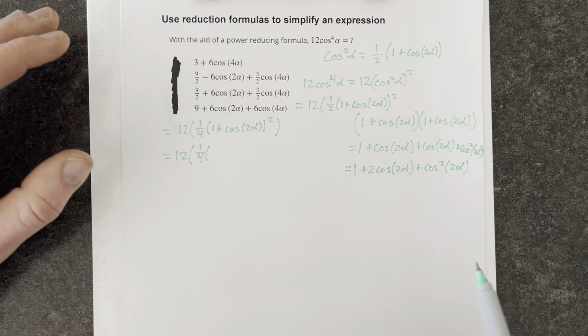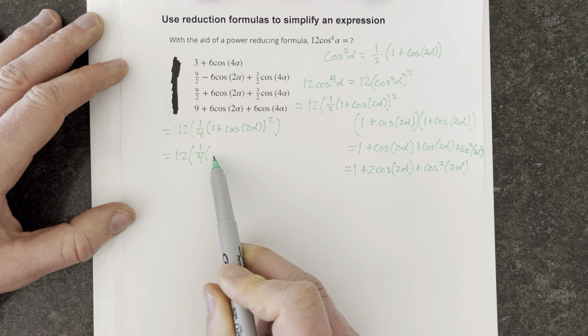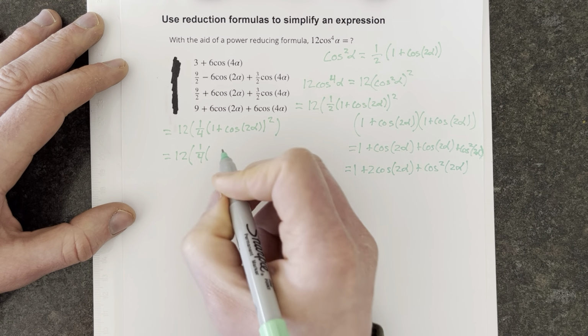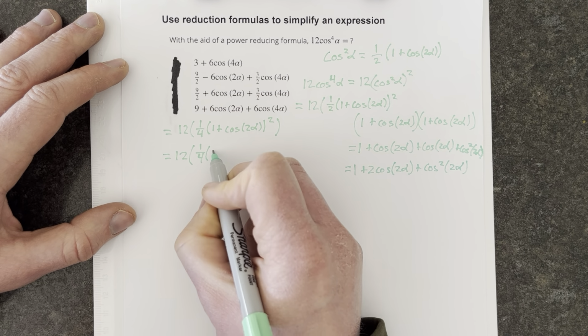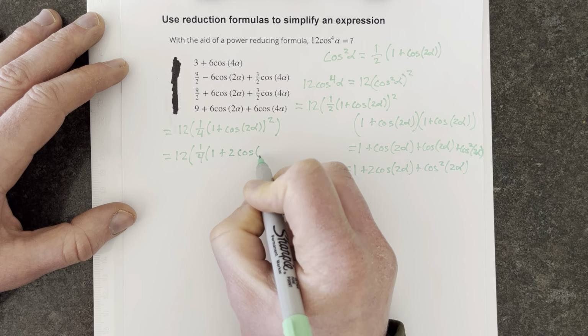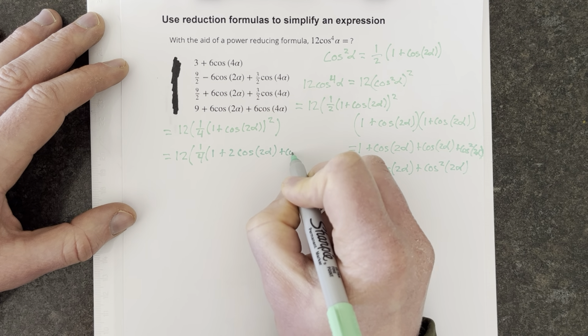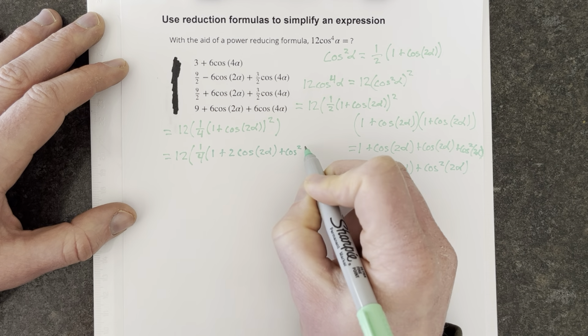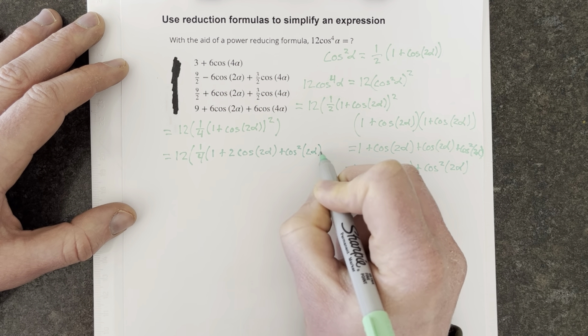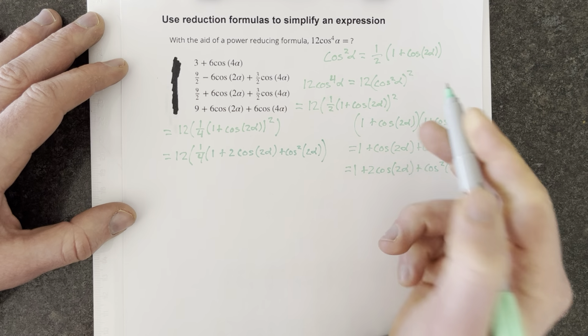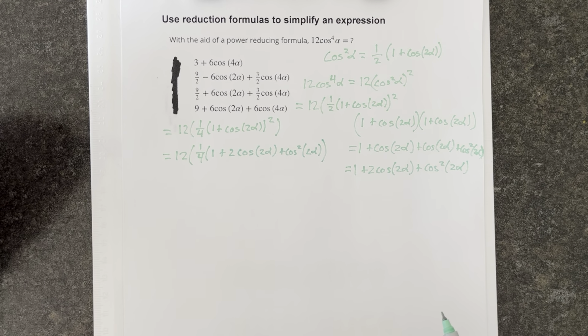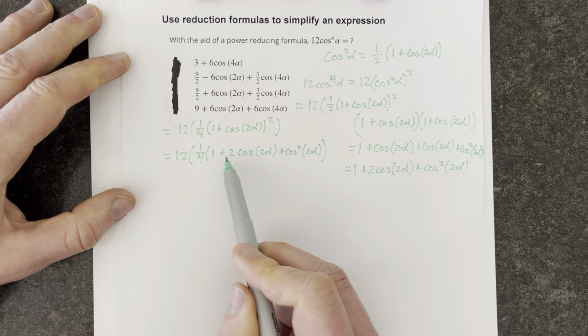Now I've got a couple of things I'm going to do here. I'm going to substitute this back in, and I would have 1 plus 2 cosine 2 alpha plus cosine squared 2 alpha. Let's distribute the 1/4 to each term.